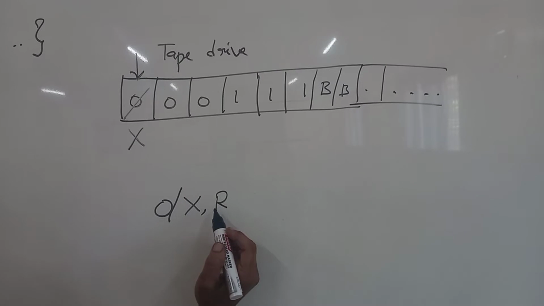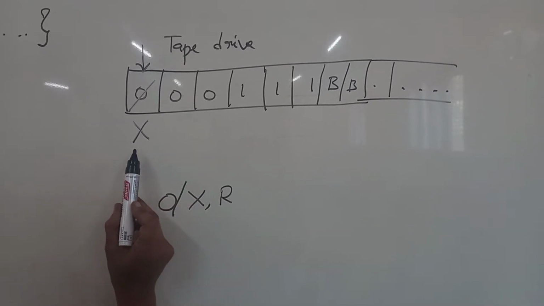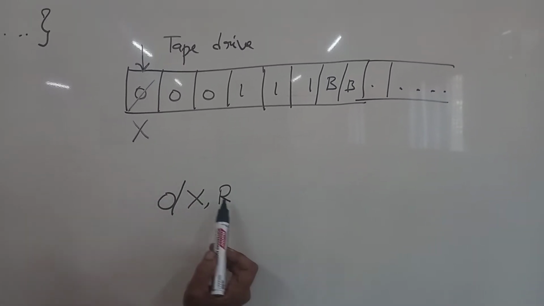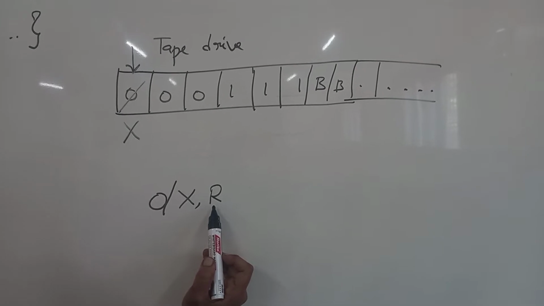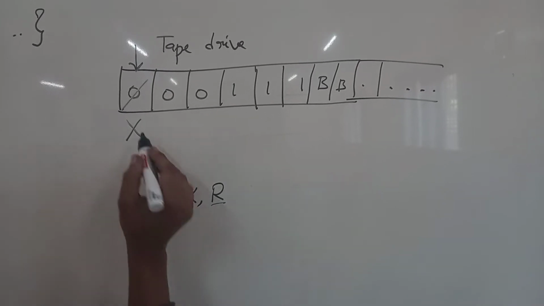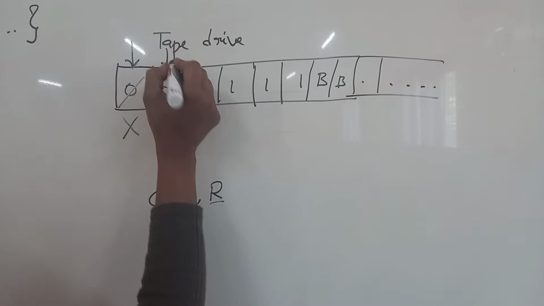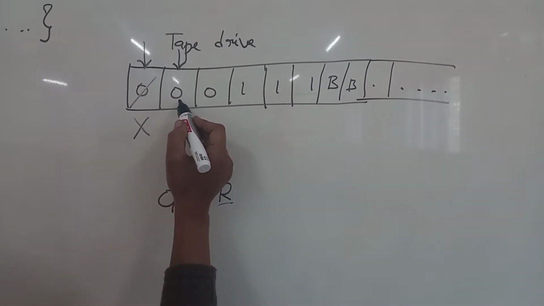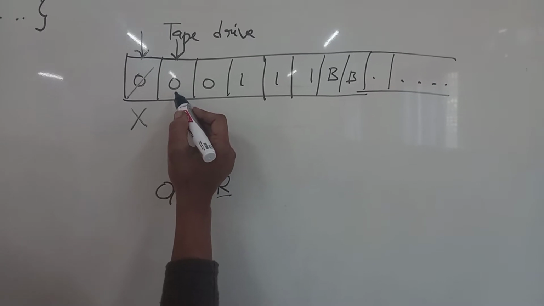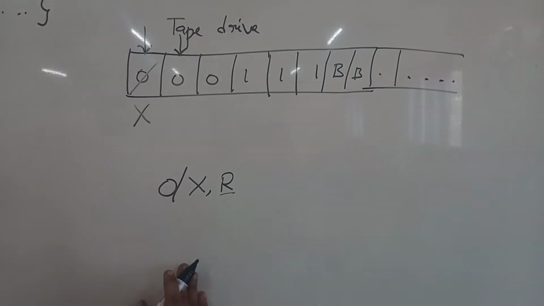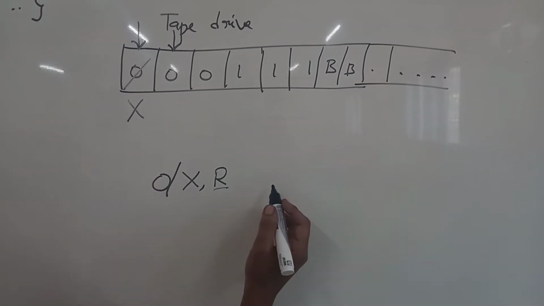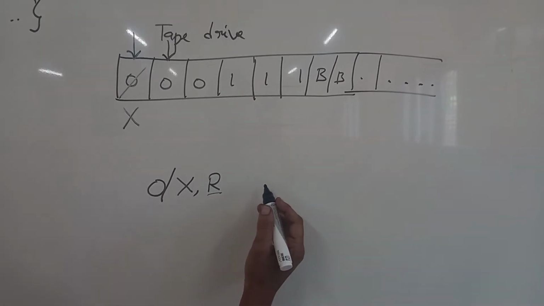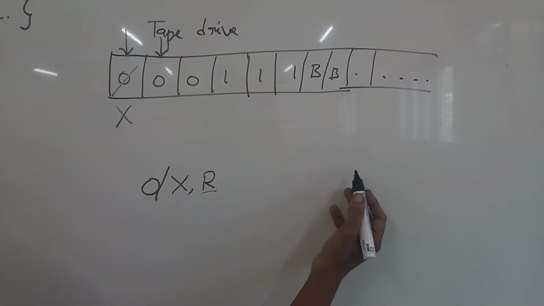We can move in only two directions, either left or right: R for the right direction and L for the left direction. Here R means the control head will point to the next position, where the symbol 0 is there. I will retain this symbol as it is, because according to the language, the strings to be accepted are 0 1, 0 0 1 1.